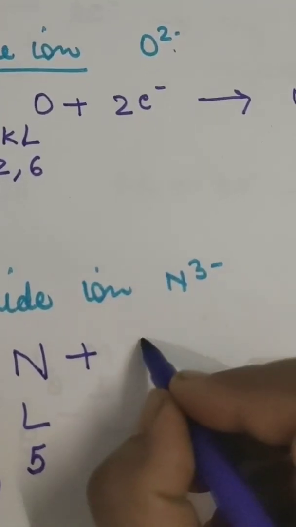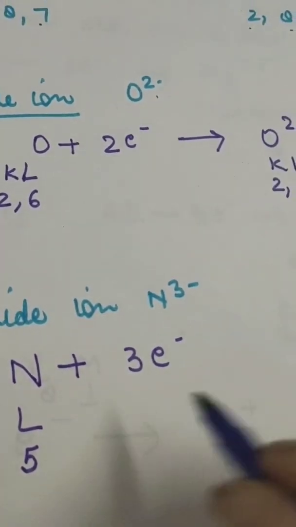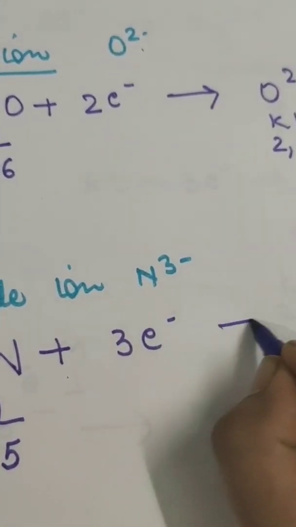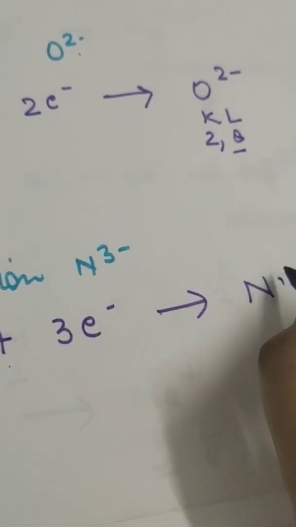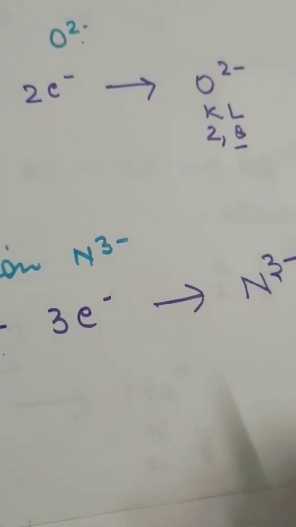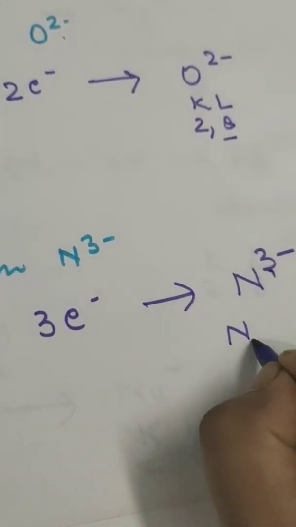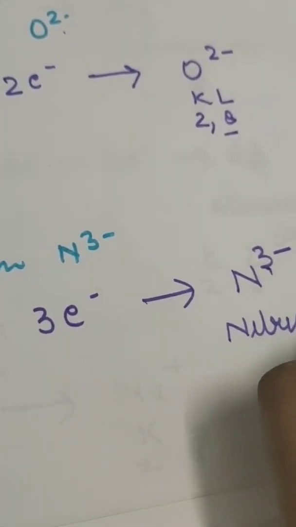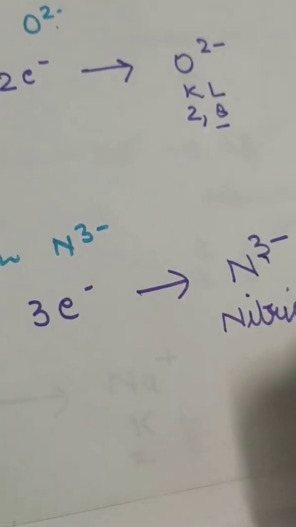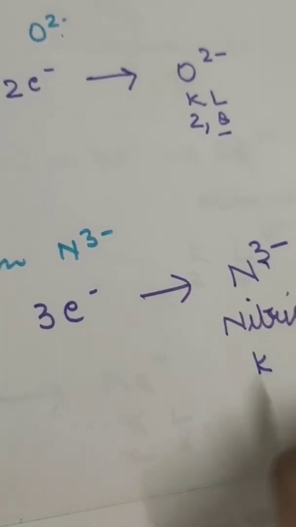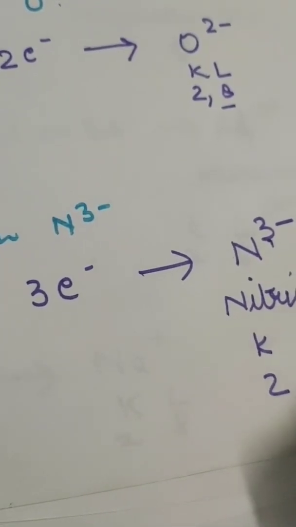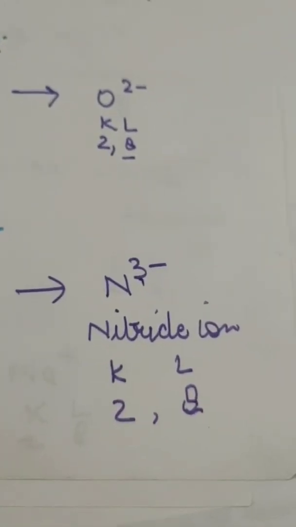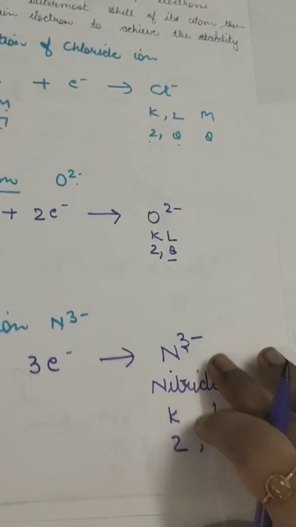After gaining 3 electrons, it will become a nitride ion, N 3 minus, and the configuration now will be K and L, 2 and 8. I hope it's clear. Okay, so this is also done.